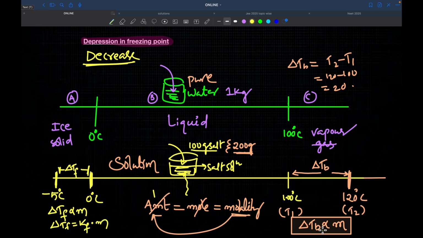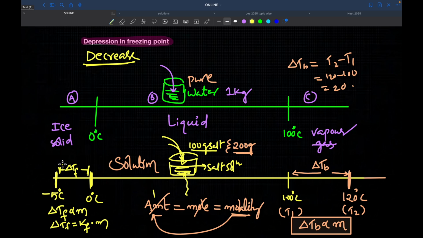We showed it with KB and TB, here we show it with KF. The more salt you add, the more the depression is observed. The higher the amount of salt present in a solution, the greater the depression in freezing point. The lesser the amount of salt added, the lesser the depression. This is how it exactly happens.